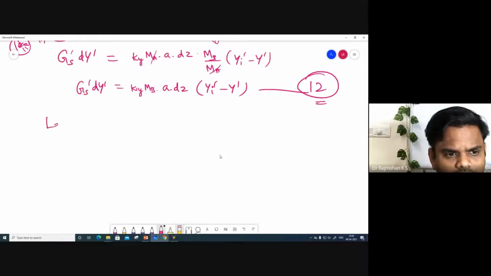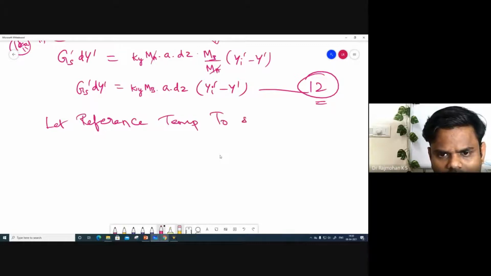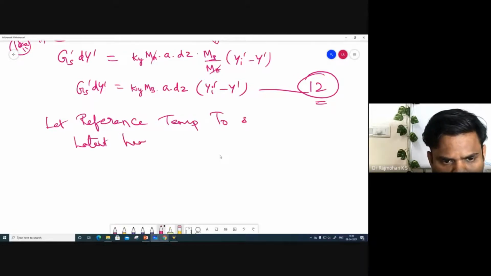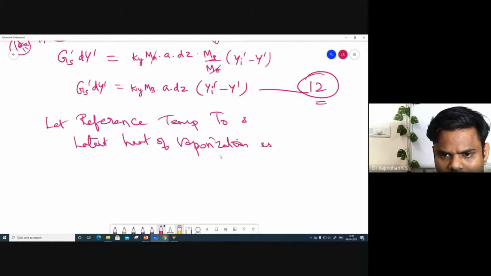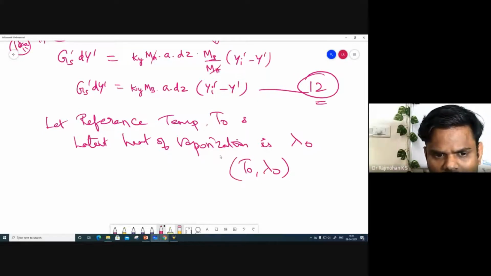Now let we have a reference temperature T0 and latent heat of vaporization is lambda naught. So we have T naught, lambda naught. Let the reference temperature be T naught and latent heat of vaporization be lambda naught.